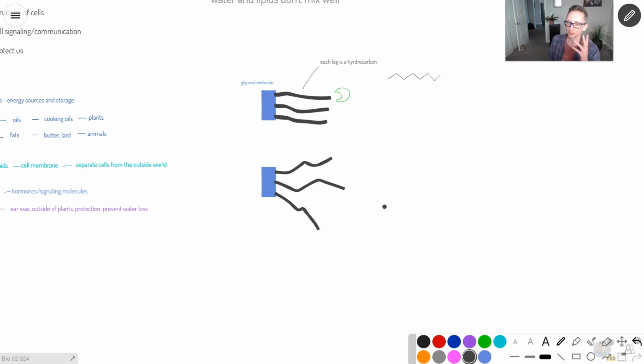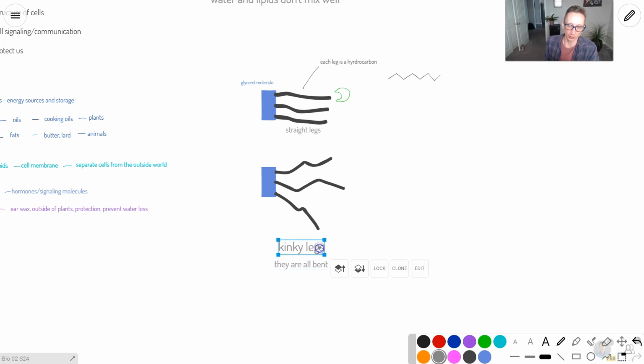The way the legs are. So up here we got straight legs on this triglyceride. Down here, we got bent legs. We got kinky legs. They're all bent. Bent out of shape.